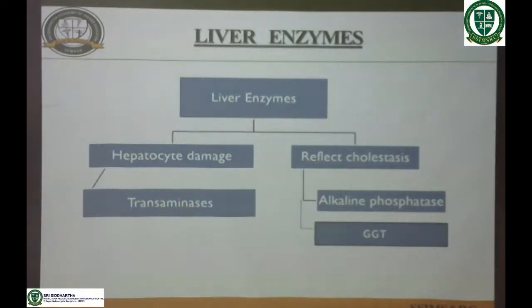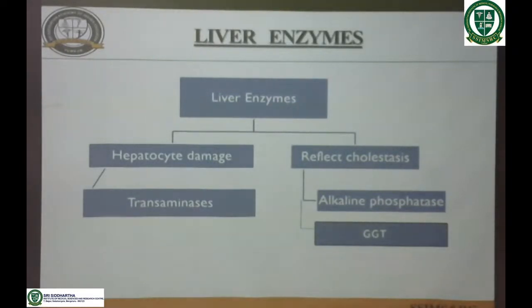When it comes to the liver enzymes, I said there are three major liver enzymes, that is AST, ALT and ALP. AST and ALT are the two major enzymes which come under the liver enzymes.